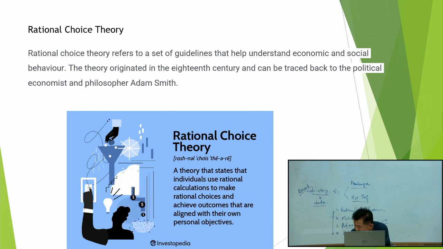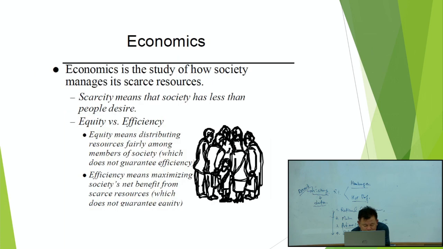So let me show you the finalized concept of economics. Final review of my summary. What is economics? Economics is the study of how society manages its scarce resources. Remember that? We have very limited resources, limited pocket money.